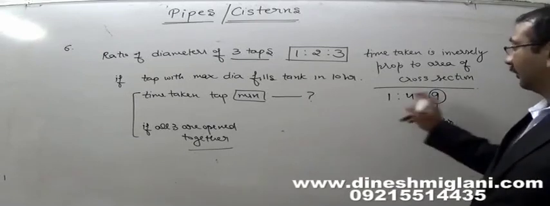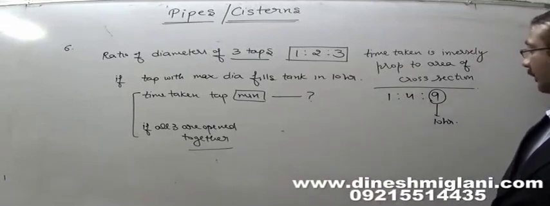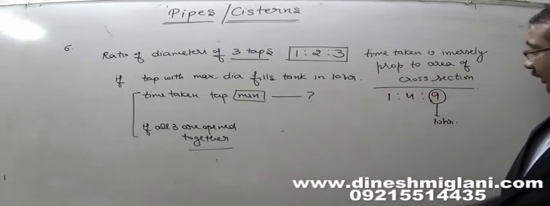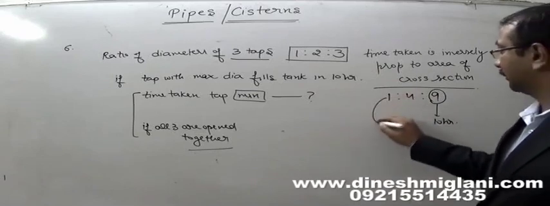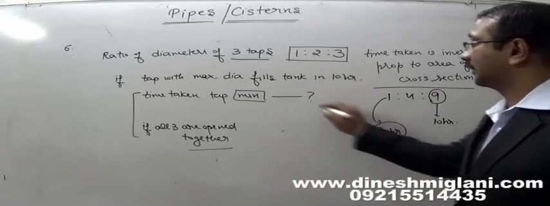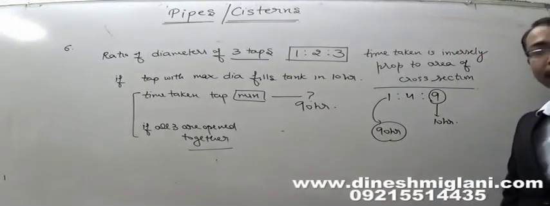And I know that both are inversely proportional. So we have to find the time taken by the tap with minimum diameter. If area of cross section is 9, it takes 10 hours. If area of cross section is 1, it takes 90 hours, right? Hence the answer to my first question is 90 hours. That becomes my answer.